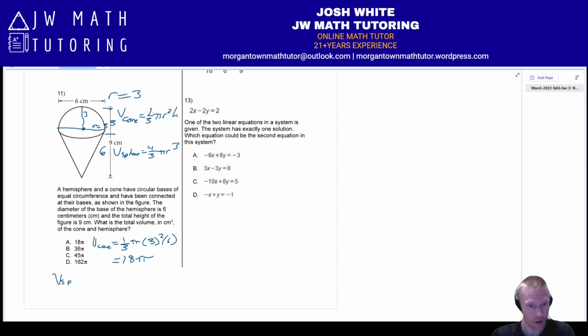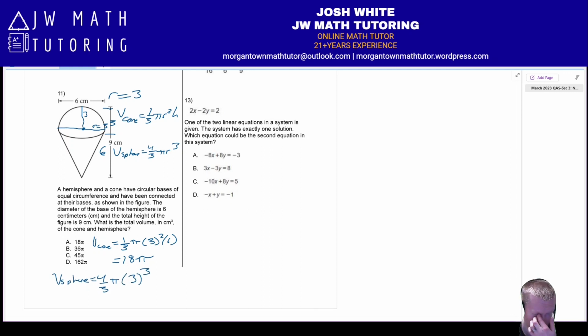Now, for the sphere, I'm going to calculate the volume of the entire sphere and then just divide that by 2 to get the volume of the half a sphere on top, or the hemisphere. So we have 4/3 times pi times 3 cubed.